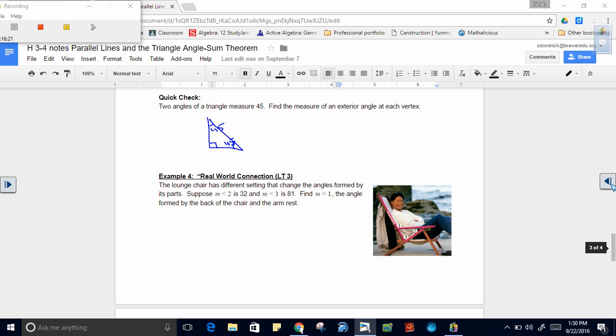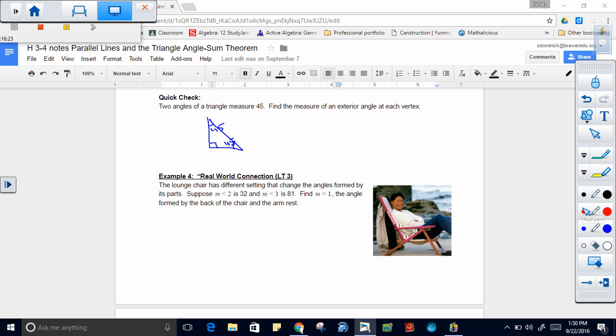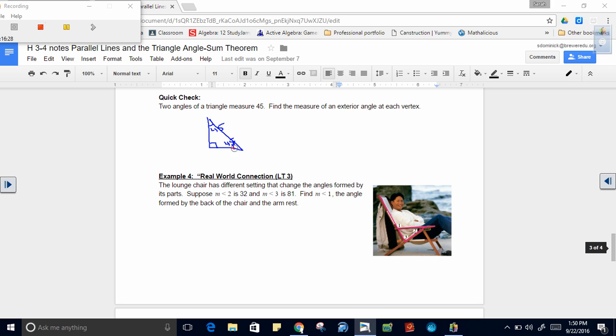I also know that if I'm talking about exterior angles at each vertex, I can kind of extend these.